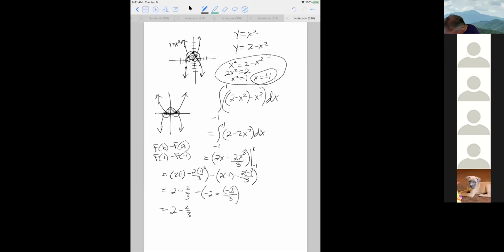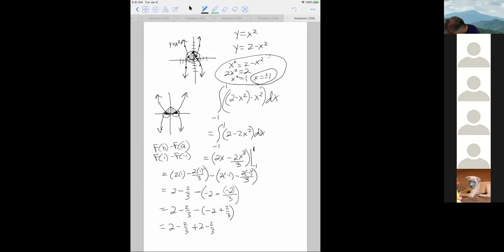All right. And now I'm going to keep the subtraction sign for one more term, just to make sure I've got everything squared away here. That's plus 2/3. And now I'm going to distribute the minus sign. So I've got 2 minus 2/3 plus 2 minus 2/3. Isn't that special?